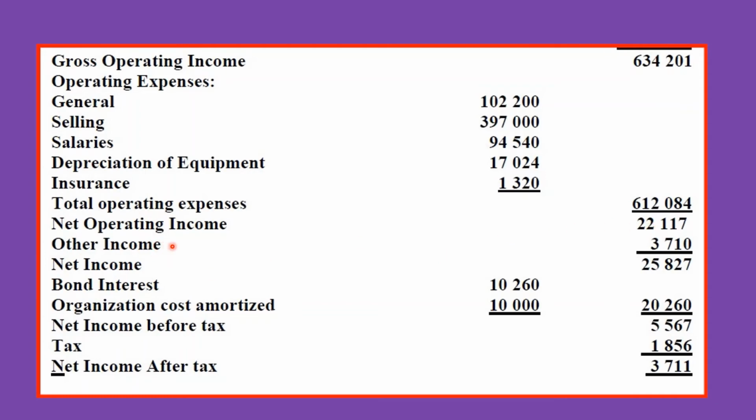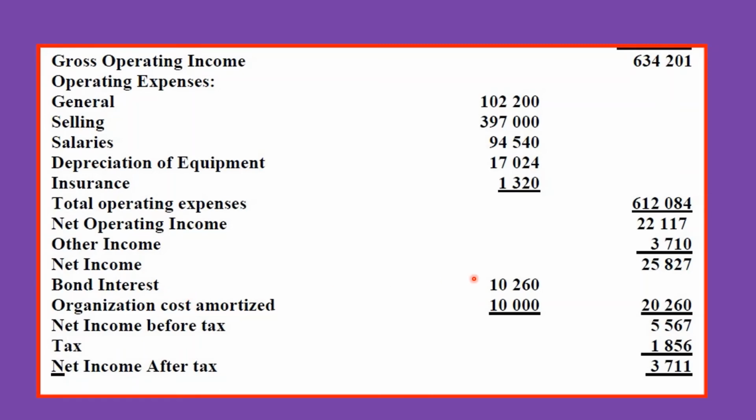Then we have some other income of 3,710. You can see the figure in the trial balance again. After you add the 3,710 to the operating income, you get your net income. From that, you have to take off your financial expenses, which is the bond interest.